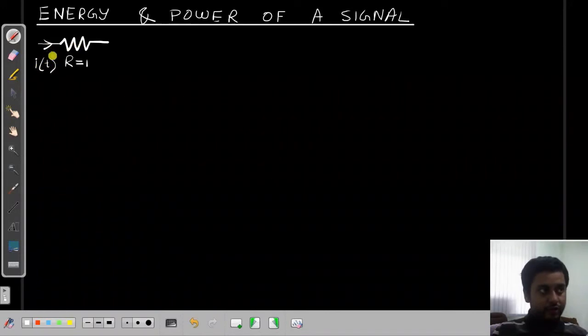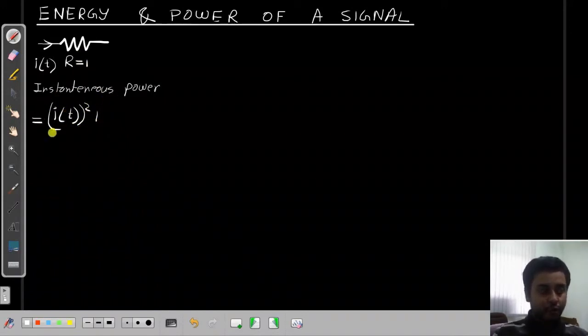Now for this situation, the instantaneous power at any moment is given by Joule's law, i squared(t) R, and R is equal to 1, so multiplied by 1.